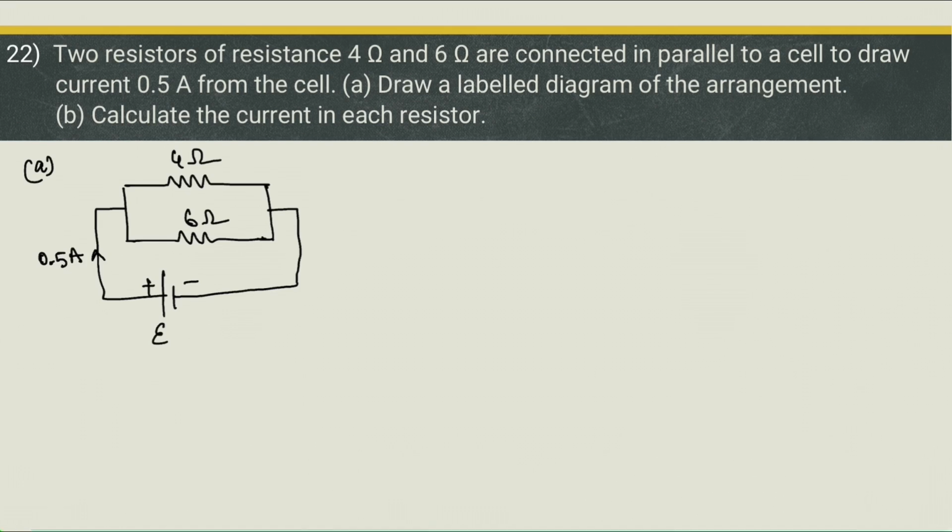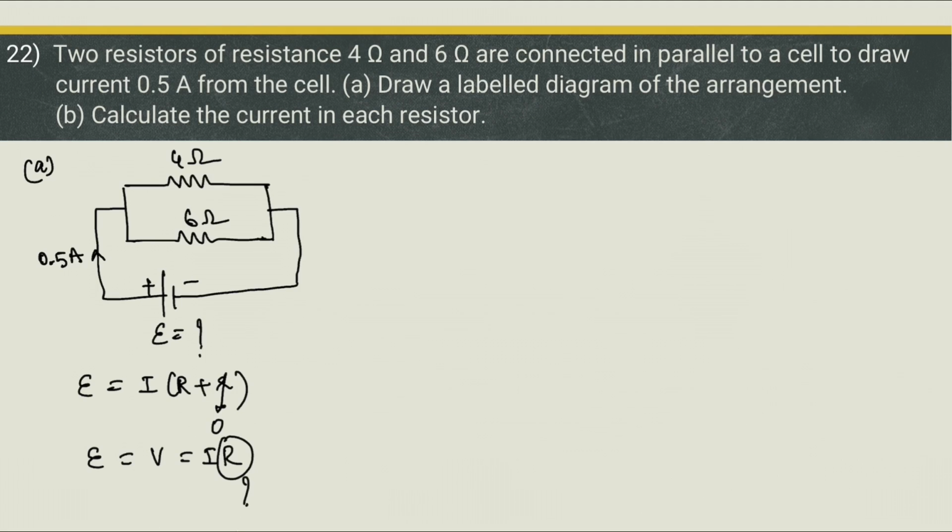But EMF of the cell is not given here. That's fine. We can find out what is EMF. How? Let us see. E is equal to I into R plus small r. But as I mentioned earlier, internal resistance is not given, so we can consider it as 0. So now this becomes E, or terminal voltage, is equal to IR.